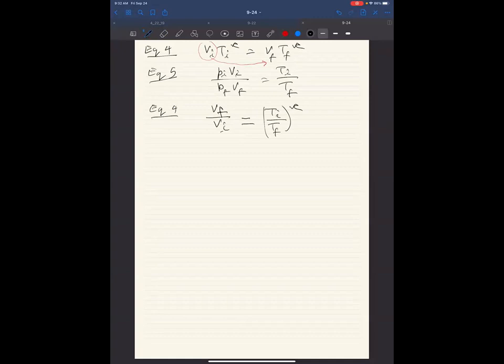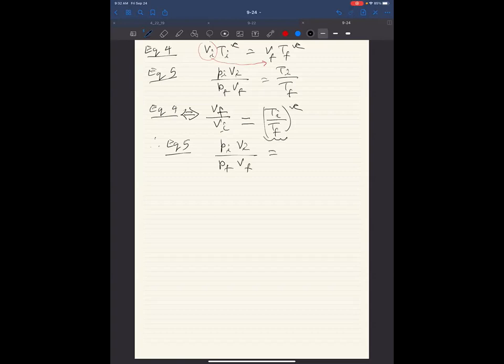This is just a restatement of equation 4. Therefore, equation 5 can now be written as PI VI by PF VF is equal to this thing.